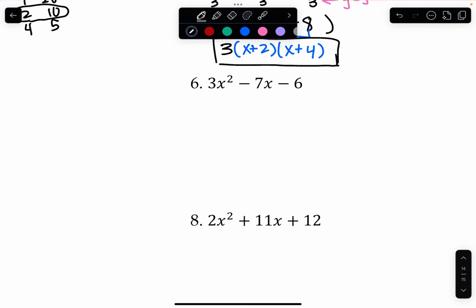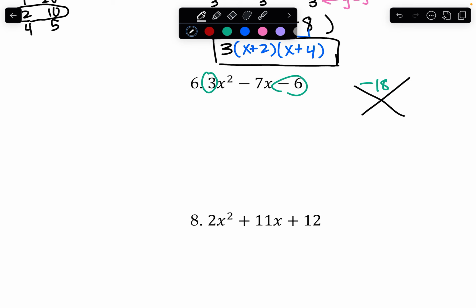Okay, this next one, 3 does not divide the other numbers evenly, and so we have to factor this one by splitting the middle and factor by grouping. Okay, and so A times C is negative 18. We need two numbers that multiply to negative 18, but add to negative 7.